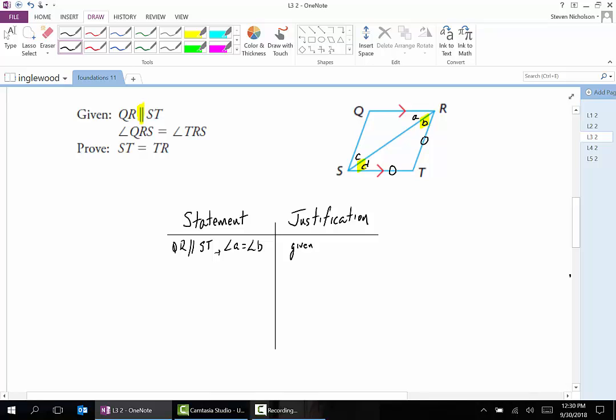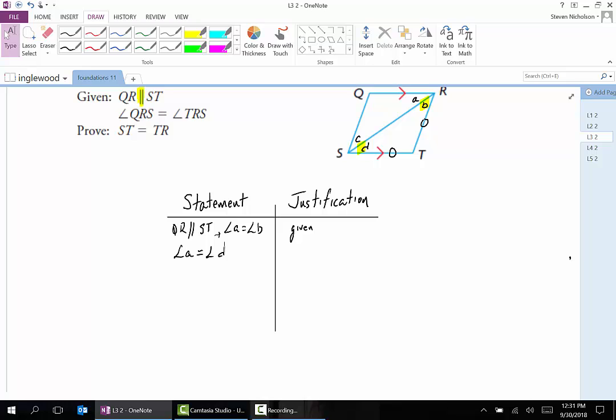Now remember what we know. We know angle A equals angle B, but what I also know is angle A equals angle D. The reason I know that is they are alternate interior. They are on opposite sides of the transversal. The transversal is line RS. And I know that angle B equals angle C. They're also alternate interior, but right now, I don't really care about that.